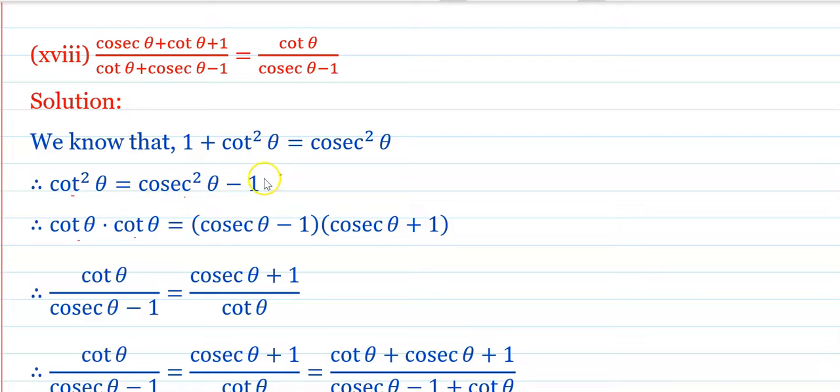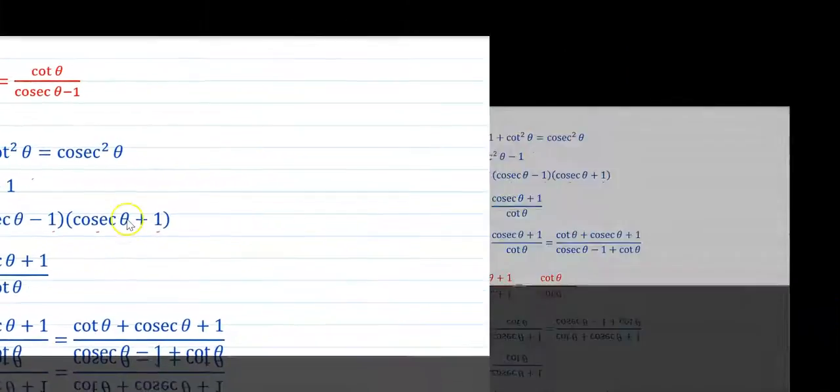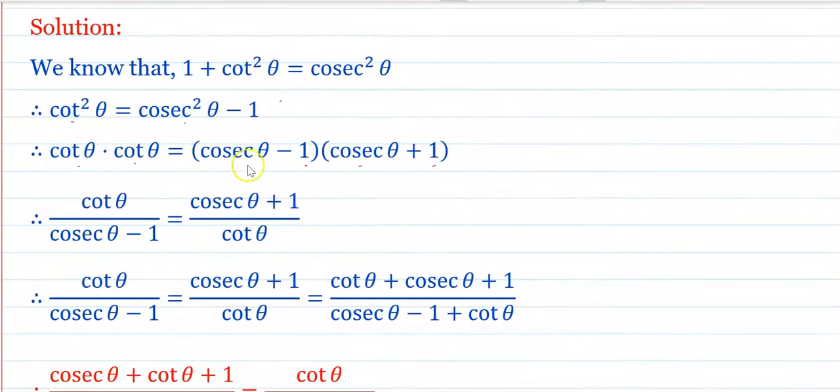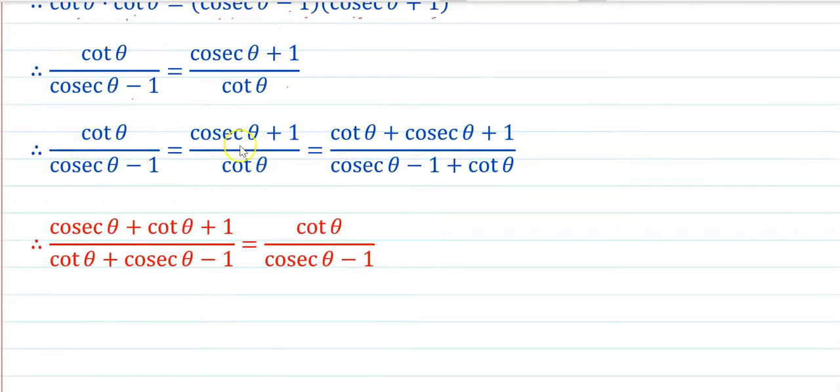Cosec square theta minus 1 can be written as cosec theta minus 1 into cosec theta plus 1. Again it can be written as cot theta stays as it is, cosec theta minus 1 on the left hand side gets divided, cosec theta plus 1, and cot theta gets divided on this side. Again apply the theorem on the equal ratio, that is sum of the numerator upon sum of the denominator.